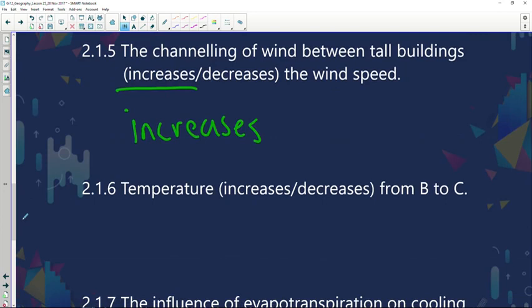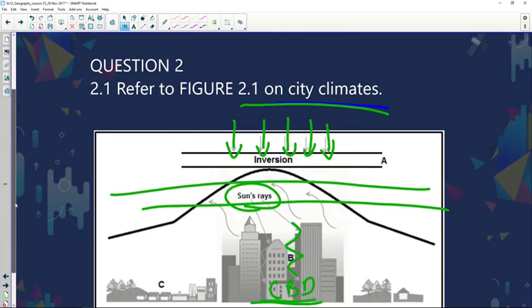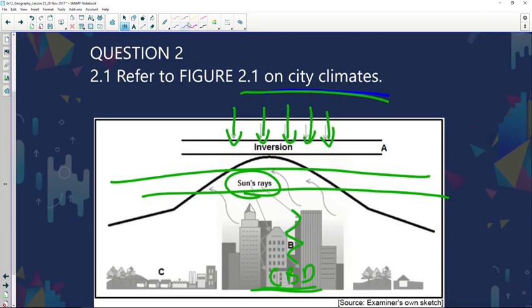2.1.6: temperature increase or decrease from B to C. Let's quickly have a look from B to C. There's a CBD, and there are the rural or suburban areas. What happens to the temperature? It decreases. Why does it decrease?